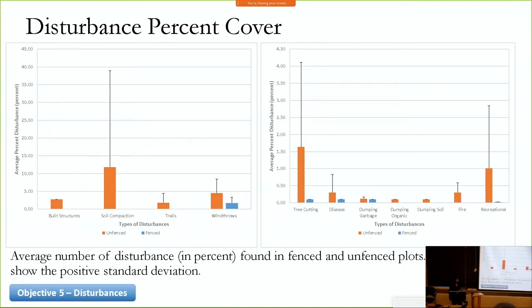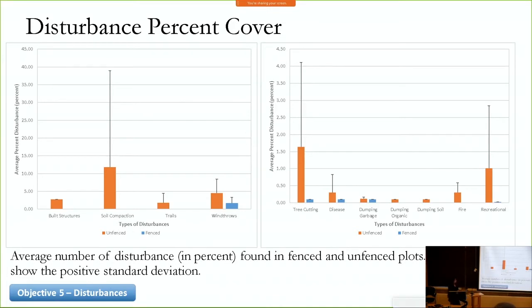For example, soil compaction, you can see that there is like 12% disturbance, whereas there's no soil compaction in the fenced plots. This was very interesting to see, that these disturbances are clearly absent in the fenced plots, whether because people can't access it or whatever the reason is, but there's this clear difference.